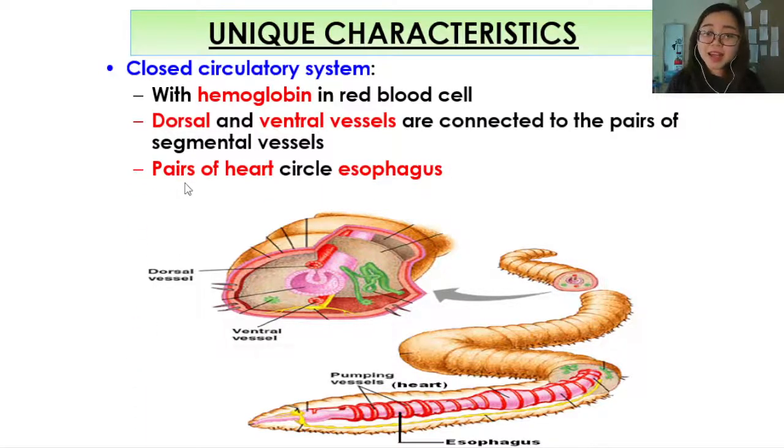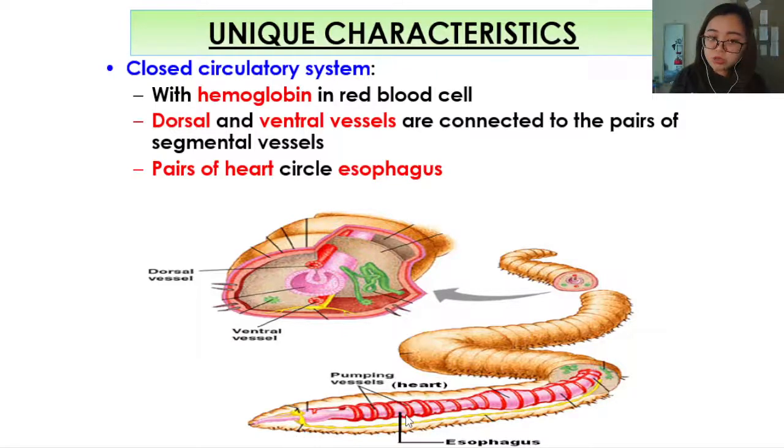And annelids have pairs of hearts that circle the esophagus. So kalau di sini adalah dia punya esophagus, bahagian sini that you see on this diagram here, these ringed parts, those are the pumping vessels. Walaupun dia tidak nampak macam jantung kita, tapi fungsi dia adalah sama dengan jantung. Di mana dia akan pump darah. It's going to control the pressure of the blood, increase the pressure of the blood, so that blood will keep pumping through the whole body of the organism.